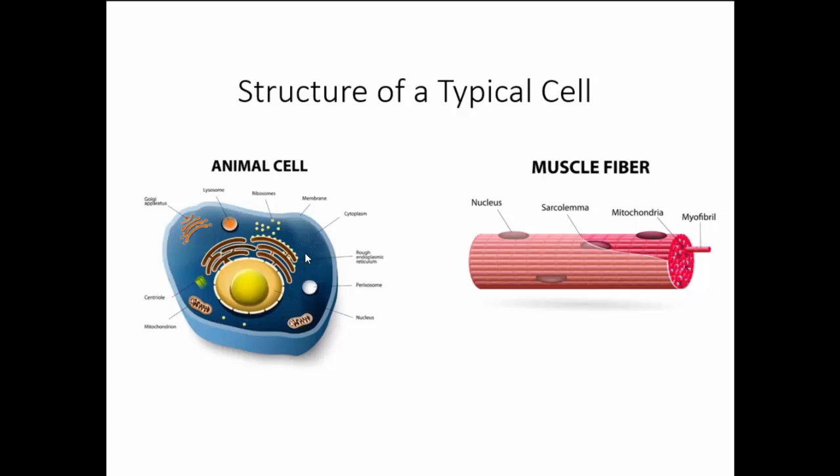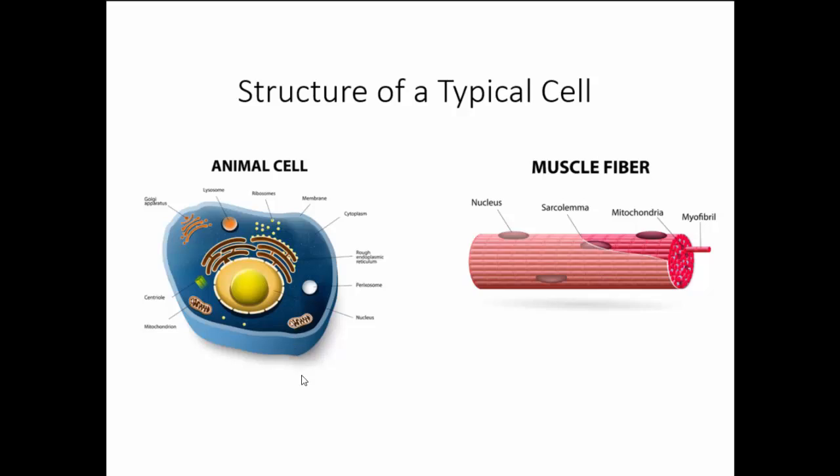One is the soup of the cell, which is called the cytoplasm. And then we also need to know this little squiggly organelle here called the mitochondria, because these are the two main areas where these energy systems will take place, either in the cytoplasm of the cell or in the mitochondria of the cell.